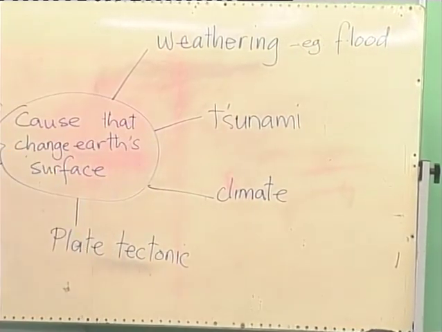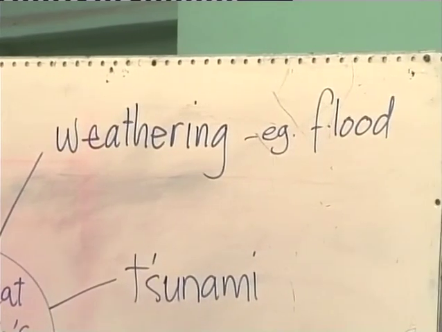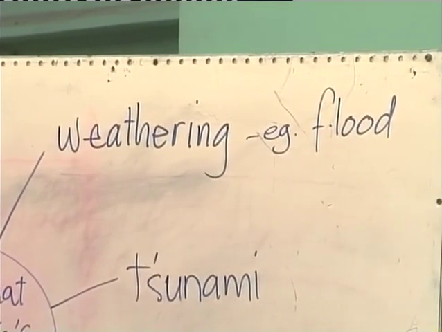Flood caused by heavy rains, storms, and many more. Can we say tsunami is also part of weather? Yes, tsunami is also part of the weather. So tsunami also causes changes. We had one experience in our own country, so we know what tsunami is.